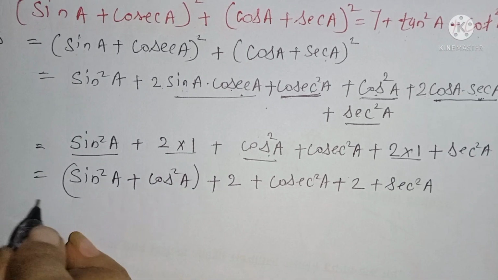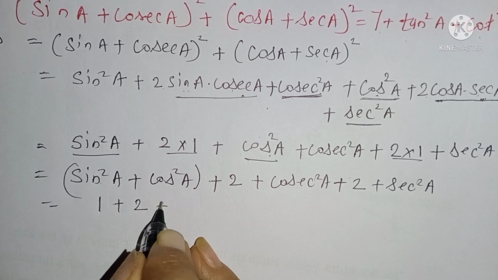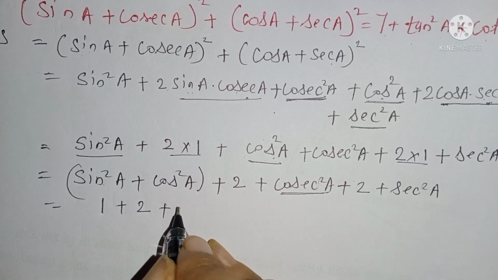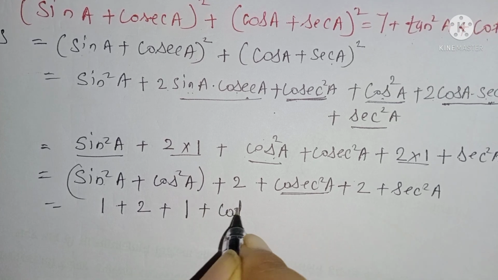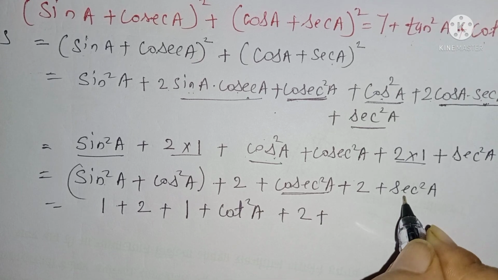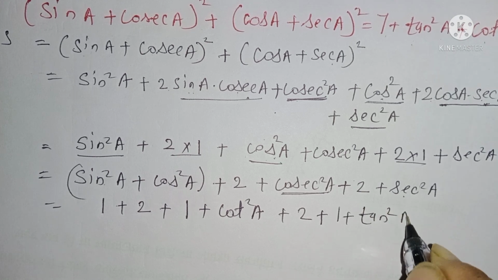Right? Now can I write sin² plus cos² is equal to 1? Yes. Then plus 2 plus, now replace this cosec² a. So cosec² a is equal to 1 plus cot² a, right? Plus 2 plus, now also replace this sec² a. So sec² a can be replaced by 1 plus tan² a by the identity, right?